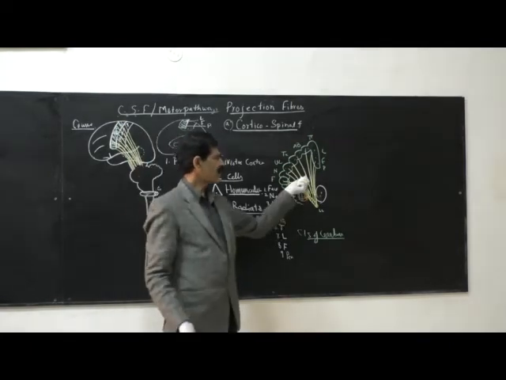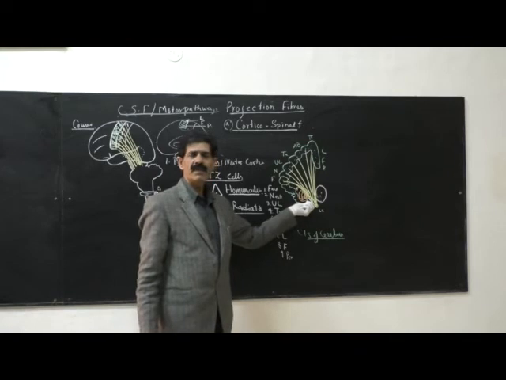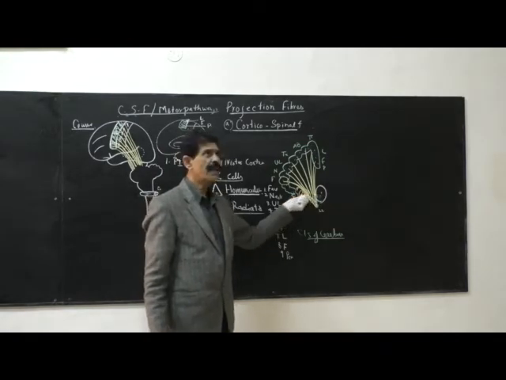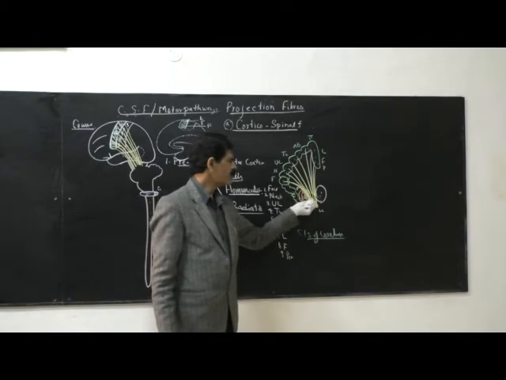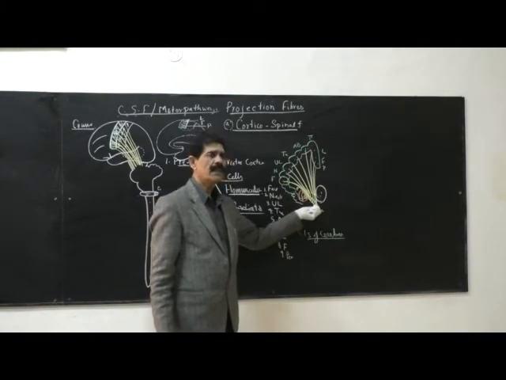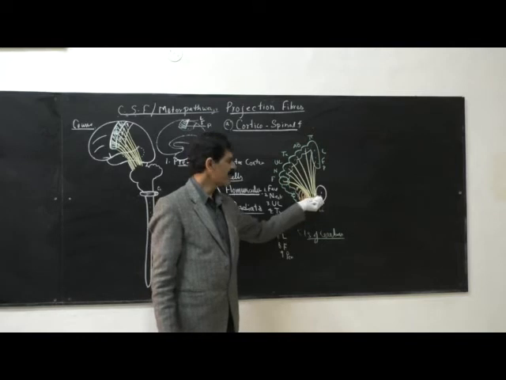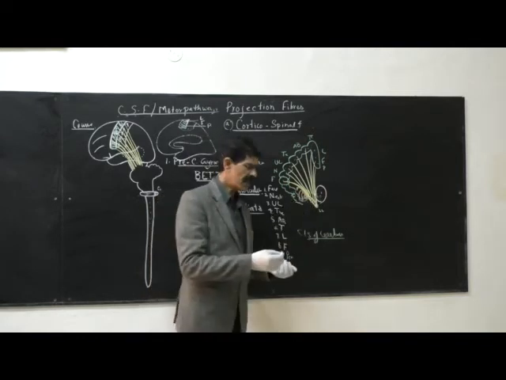And now the corona radiata, their name is changed. When they come at the level of the thalamus or the diencephalon, and assume a very small compact size, sandwiched between the thalamus and the lentiform nucleus, now their name is changed.